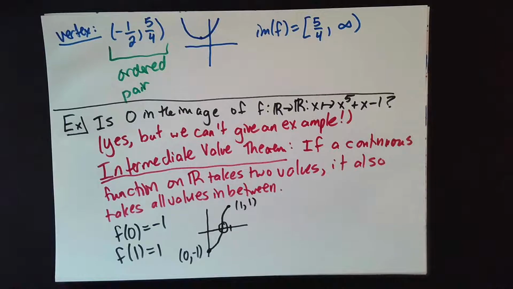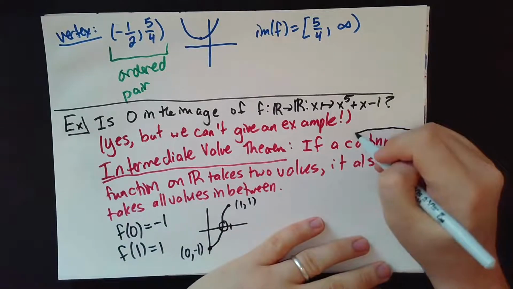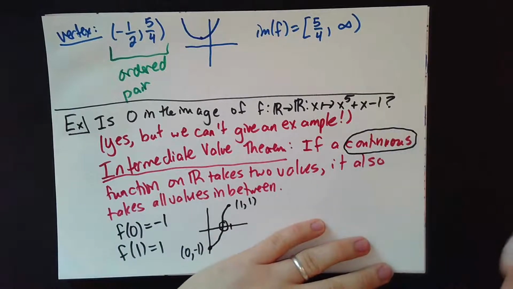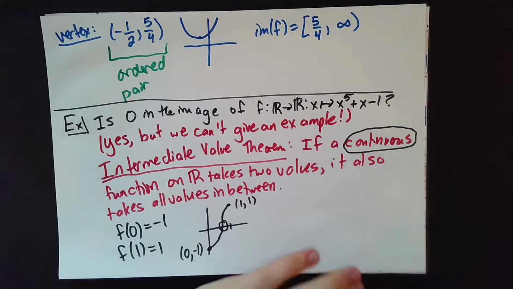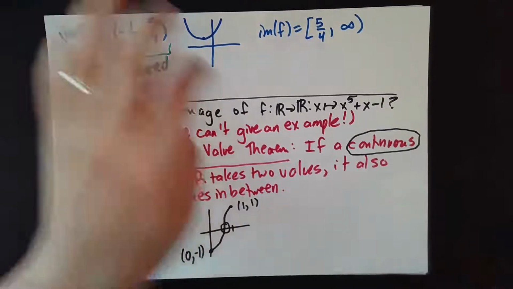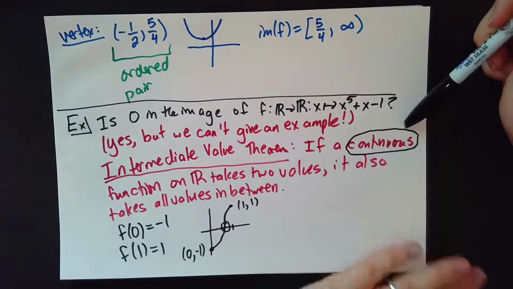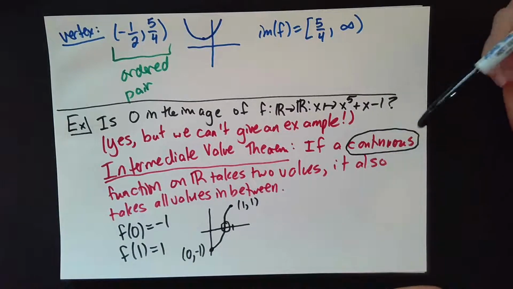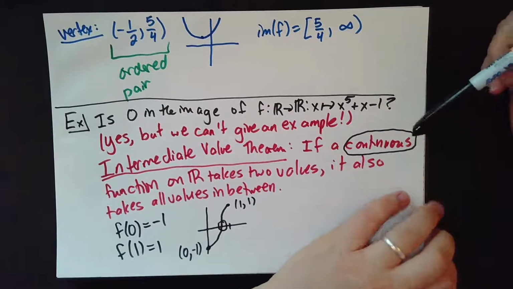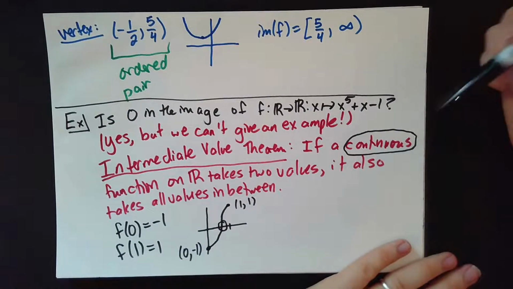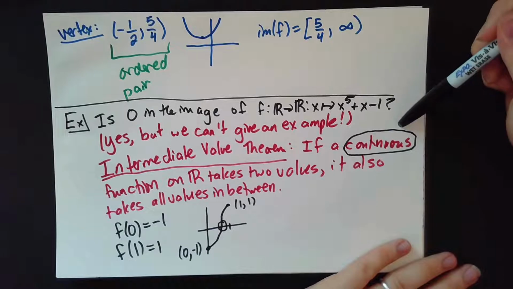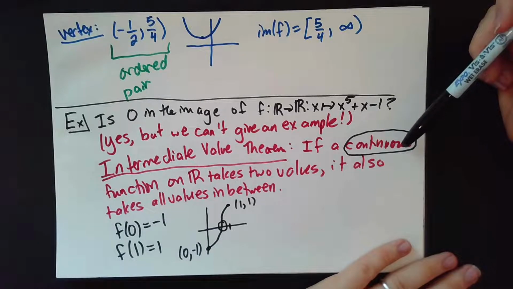I bring this up not because I'm going to ask you anything about the intermediate value theorem, because I certainly can't, because we definitely have not defined what it means for a function to be continuous, but to point out that most of the functions and most of the reasoning you've done with functions in your life about real-valued functions has had the assumption underlying it that the function was continuous or differentiable or all of these sorts of things, whereas we have definitely not had any assumption like that in our definition of function.